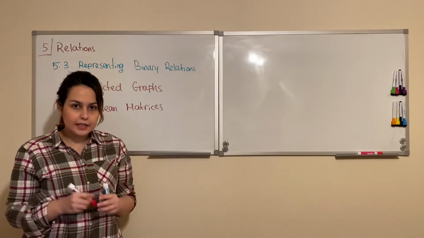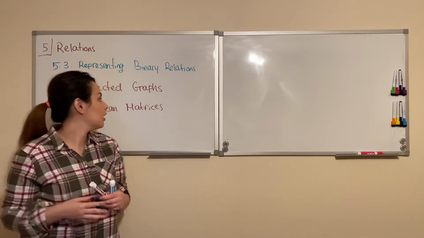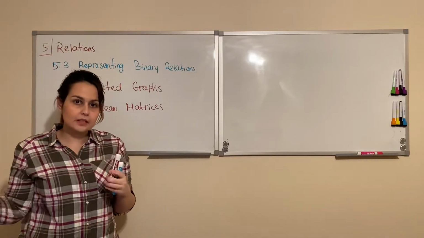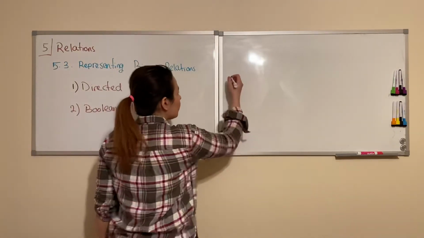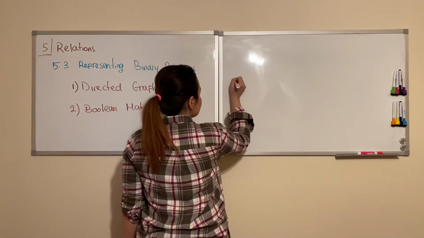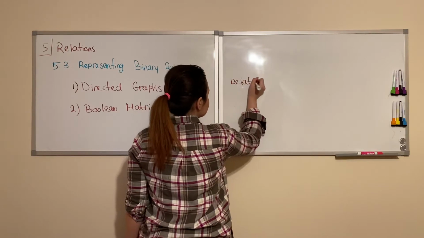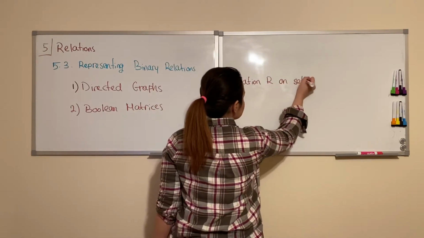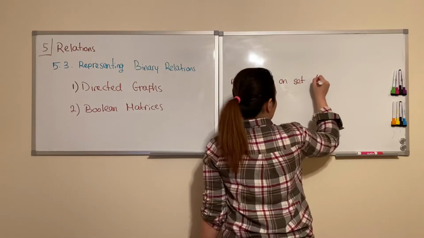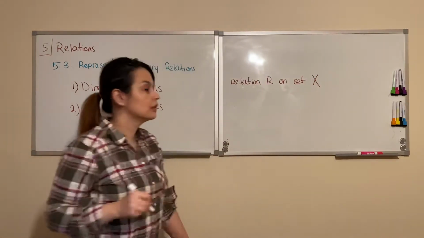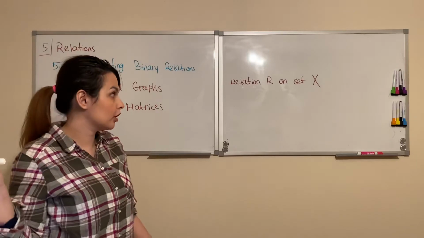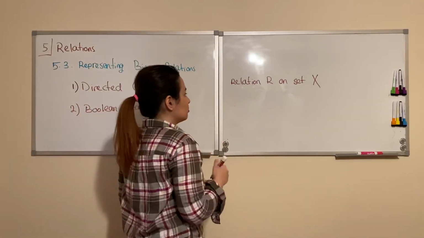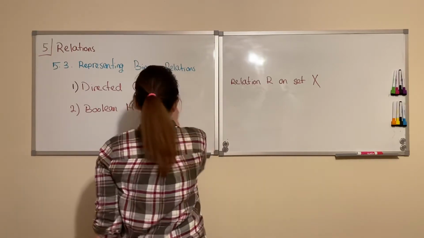So the vertices in my directed graph will be the elements in that set. So when I have relation R on set X, if it is the Cartesian product of X and Y, I cannot use a directed graph.